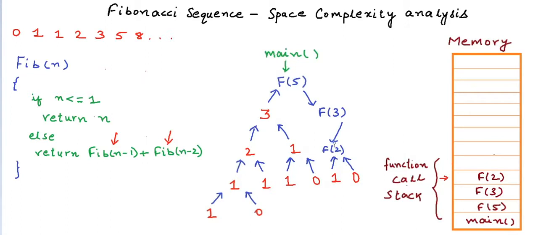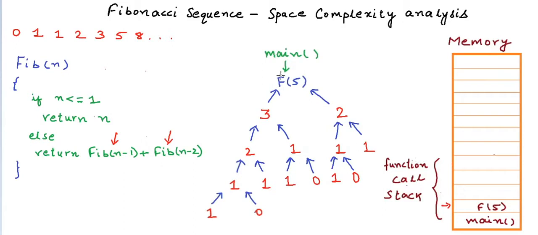Now F2 sums up these values and returns to F3, and F3 resumes again, and F3 again makes a call to F1, which simply returns 1. Once again I'm skipping showing the push and pop in the call stack. And now F3 sums up these two values and returns to F5, and F5 resumes again. F3 simply finishes and is removed from the memory.